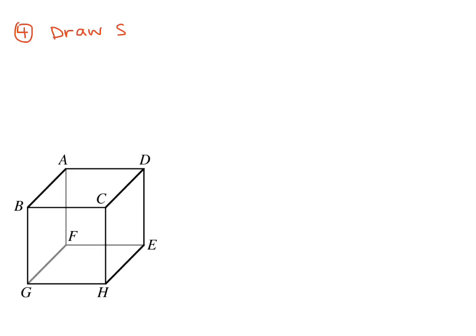So here we go. We have to draw S now. So let's make that second and first plane cut. So the first plane, if you remember, was just basically cutting the cube in half like this at the midpoint. So that's pretty straightforward. That's probably the easier one to understand.